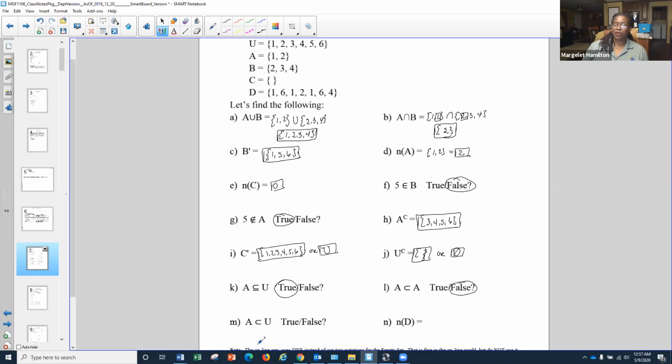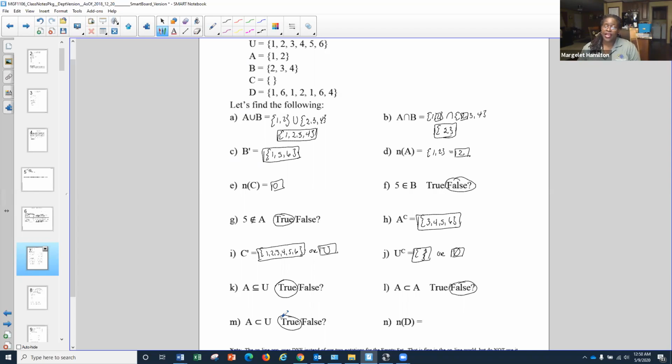Nope, they're not equal. So what does that mean? That means that it is a proper subset. So our answer is true. All right. As long as it's not equal to each other, it's a proper subset.